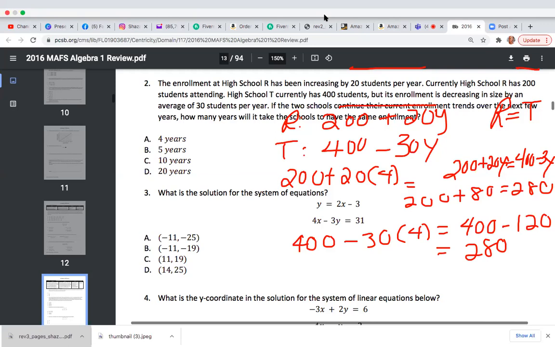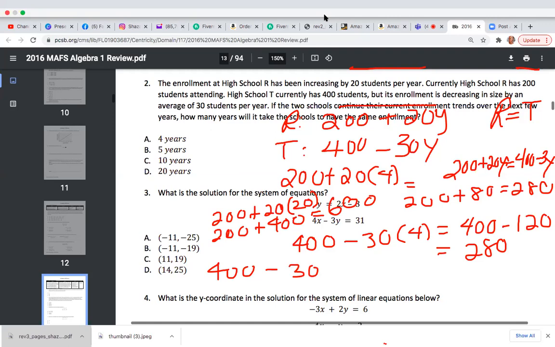Someone said 20. Let me see. Let's try 20, guys. 200 plus 20 times 20. That's going to give you 200 plus 400. So that's going to be 600, okay? And then if you try it in the second one, guys, look at what happens. 400 minus 30 times 20. 30 times 20, guys, is 600.